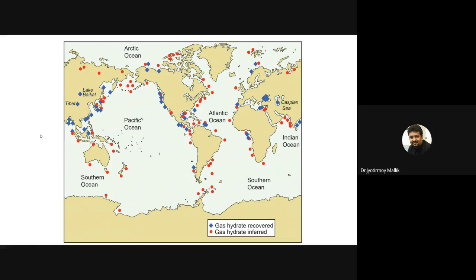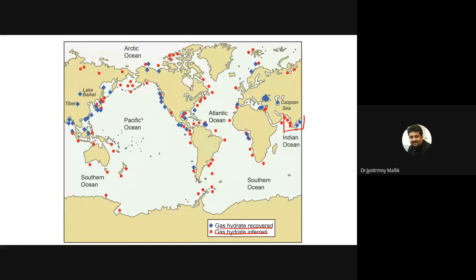The red dots indicate gas hydrates inferred, where scientists have said there could be gas hydrates, and the blue dots indicate gas hydrates recovered. I'm not saying that they have done it commercially, but they have gone out, dredged the ice out, and saw that there is gas inside.